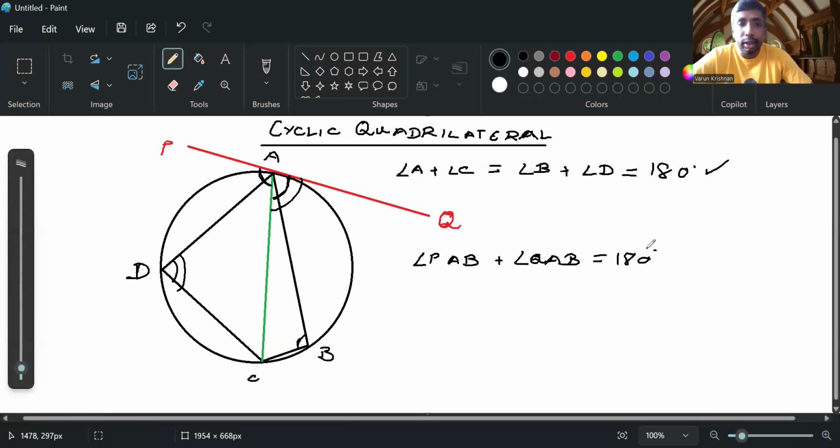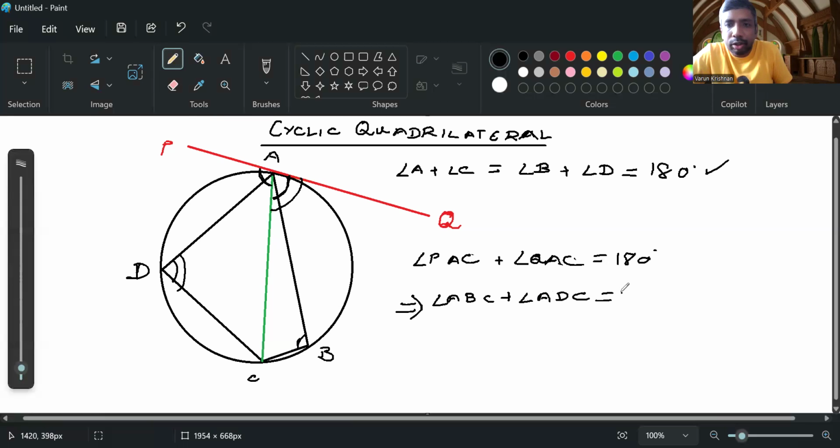Because angle PAC is equal to angle ABC and angle QAC is equal to angle ADC, the sum of these two will also be equal to 180 degrees, and that is the property which is true for all cyclic quadrilaterals, that diagonally opposite angles are supplementary.